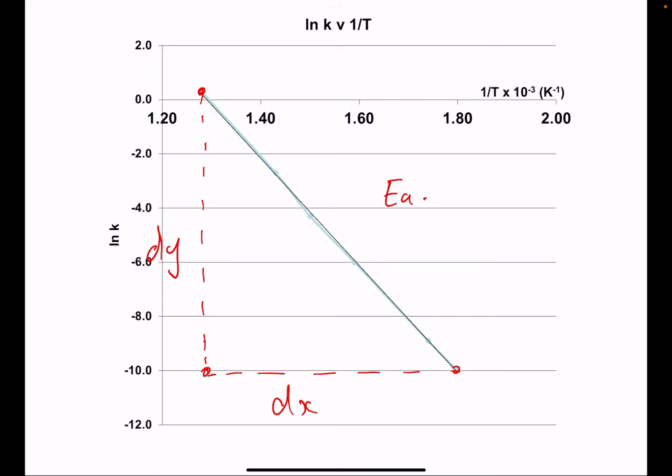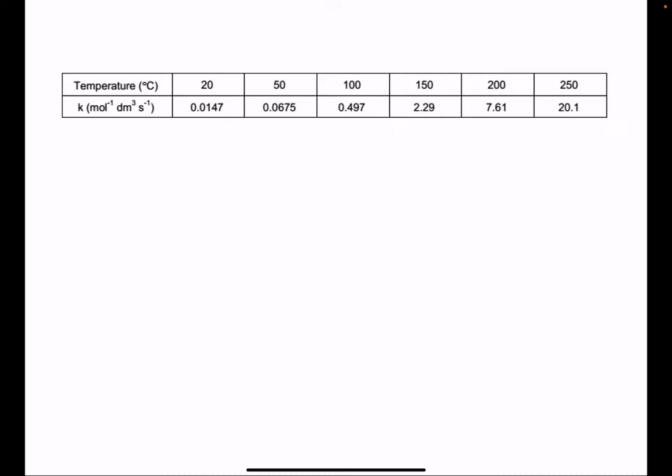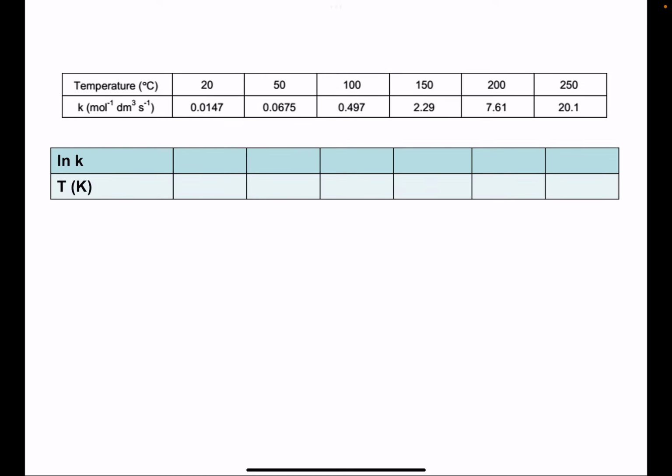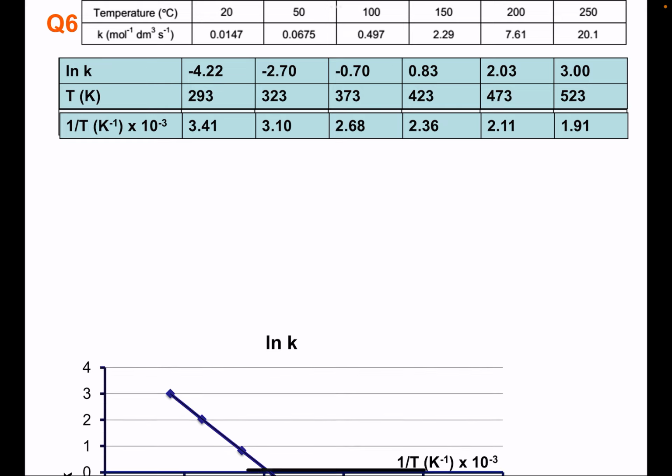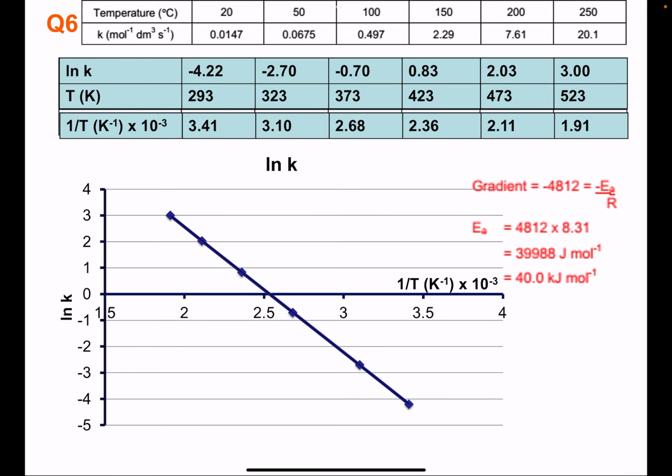To work out Ea, you're going to do gradient times 8.31. Okay, there's another example. Take some graph paper, work this out yourselves, and see what answers you get. Okay, and then just show me in class.